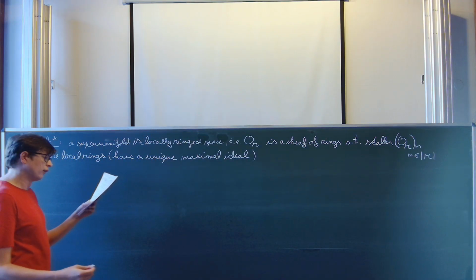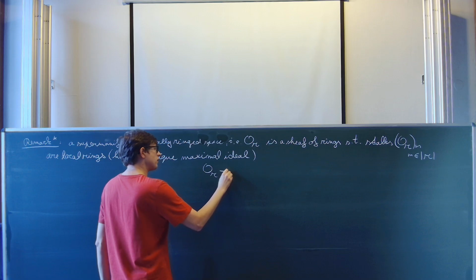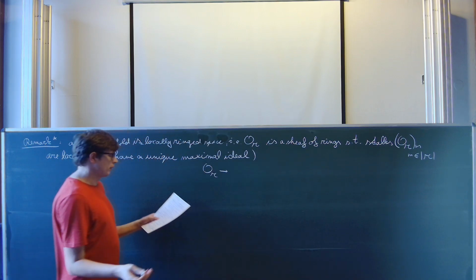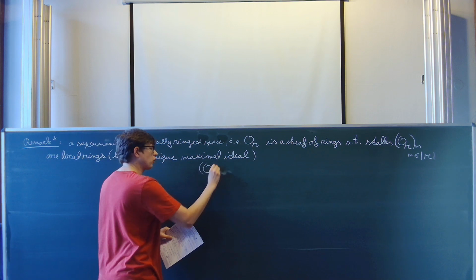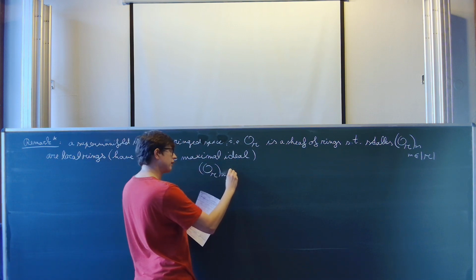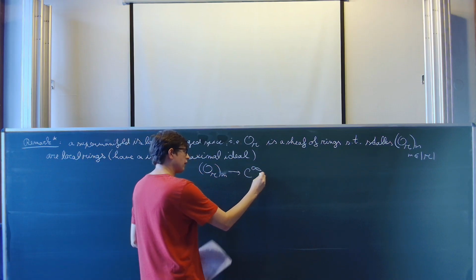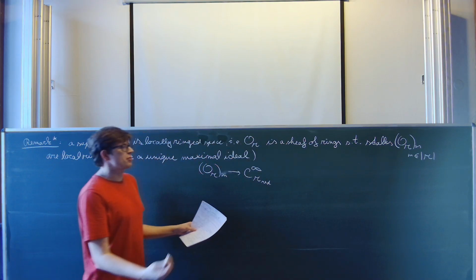And what is this ideal in the case at hand? We saw that you have this map that goes from O_M to this quotient. On the level of stalks, if you know what stalks are, this gives a map of stalks. There was this reduced thing, which was actually a smooth manifold.